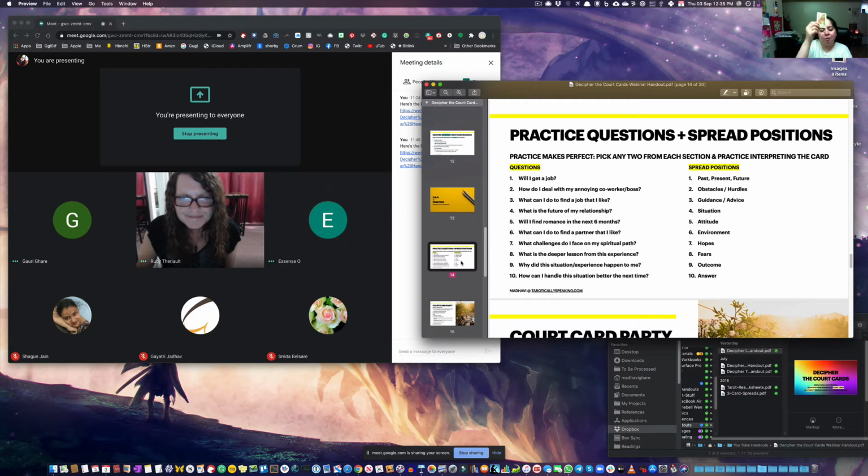All of this represents fears. Again, this is a person. Let's say we are reading for someone, and this card shows up in the position of fears. So our client, the person we're reading for, is scared. Let's say this is him.